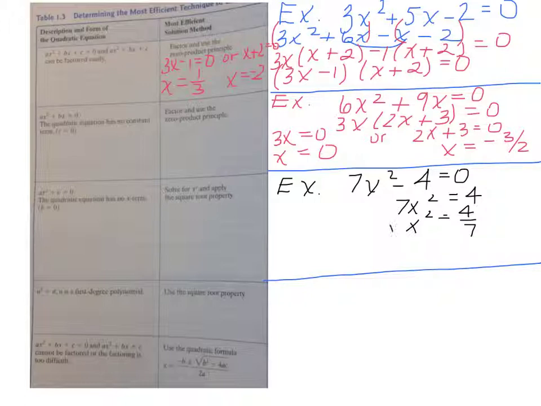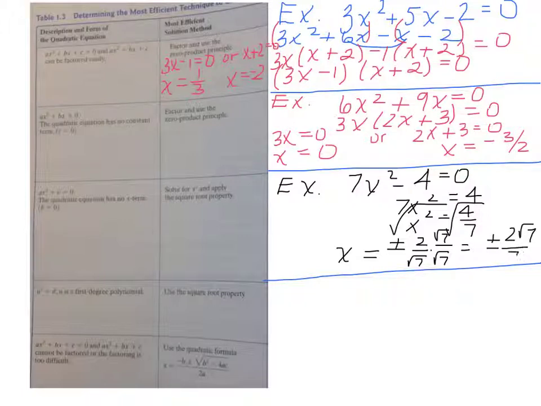And then you square root both sides. So you'll get plus or minus 2 over root 7. But you got to rationalize your denominator. So you're going to get plus or minus 2 root 7 over 7. Okay?